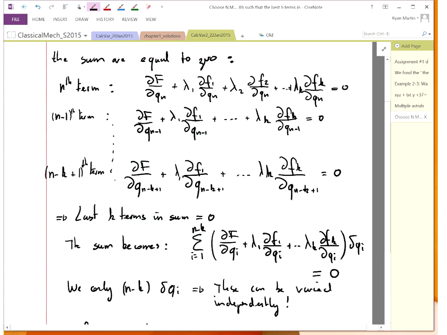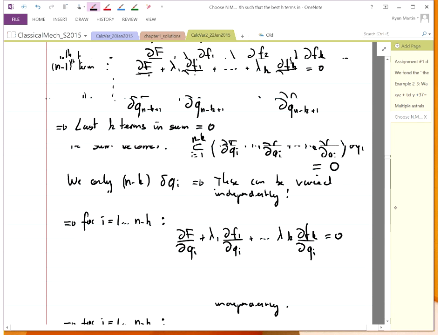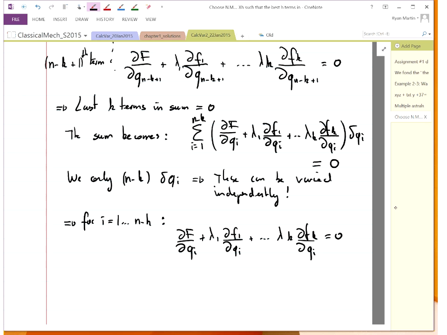And those are true only for i equals n minus k plus 1 to n. And then we took those, put them in the sum, removed those terms from the sum, and then we got the equivalent terms for i equals 1 to n minus k, so for the first n minus k terms. Of course, when you compare the two equations, they're identical. And that's the whole beauty, of course, of the Lagrange multiplier, is that it doesn't make a real distinction between the terms you're eliminating and the terms you're keeping, because in the end you get the same equations.